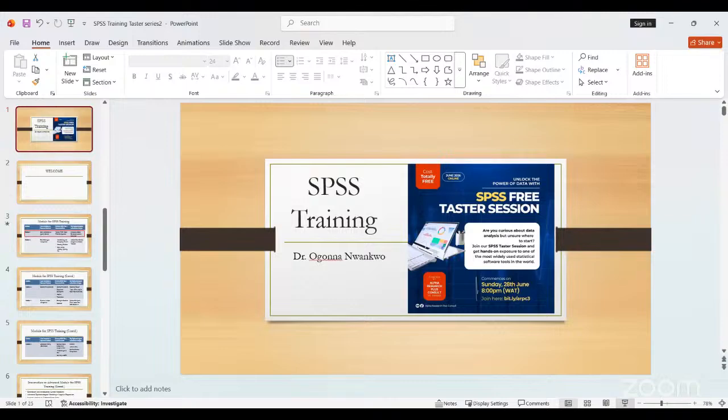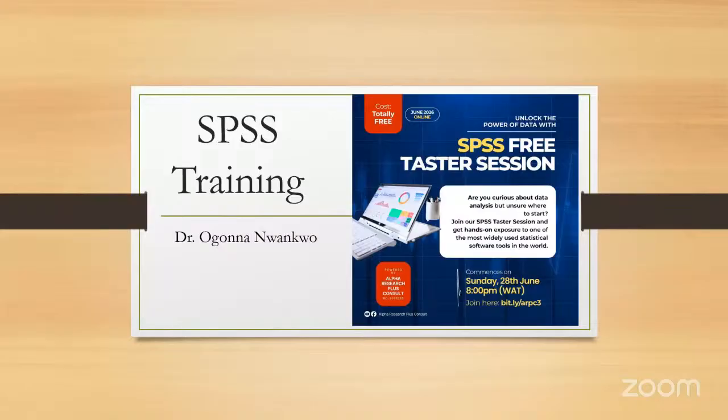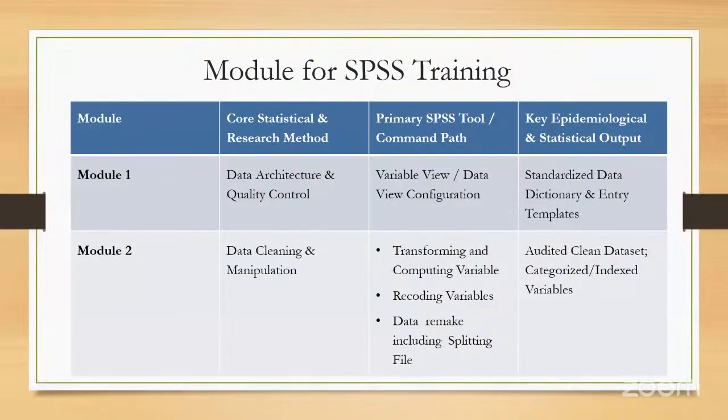We're all welcome to this SPSS free taster session 2. This is a continuation of where we started last week, but I think we would just go over everything again. So our module for SPSS training has module 1 running down to module 6, 7. The very first module where we started was around introduction to the variable view, the data view for SPSS, and how to do configuration.